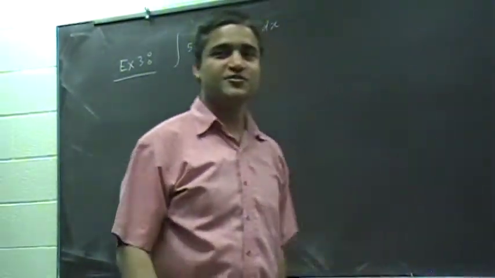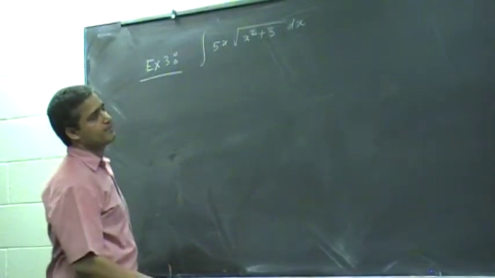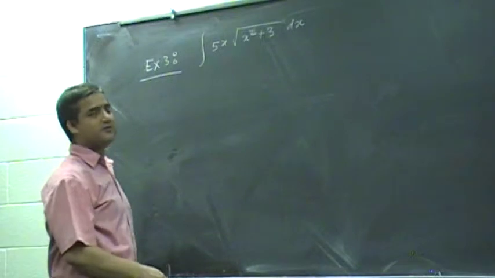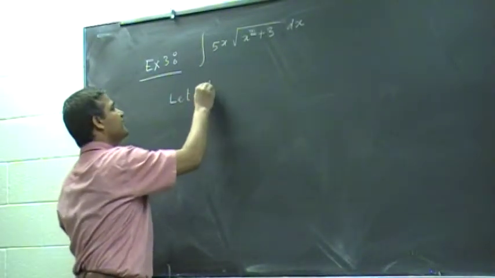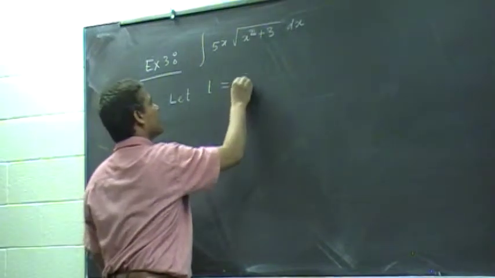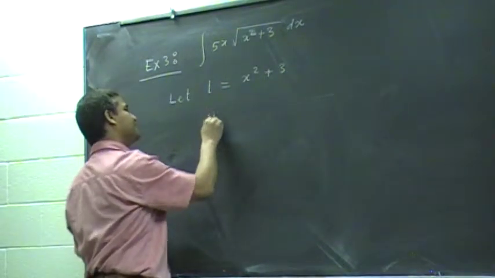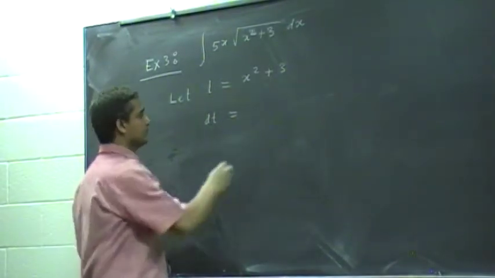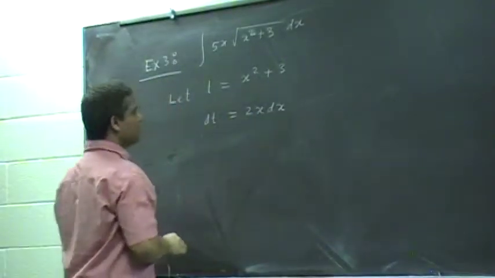What do you want to substitute for in this problem? x squared plus 3. Perfect, yeah, absolutely. Let t equal x squared plus 3. What is dt? 2x dx. Okay.